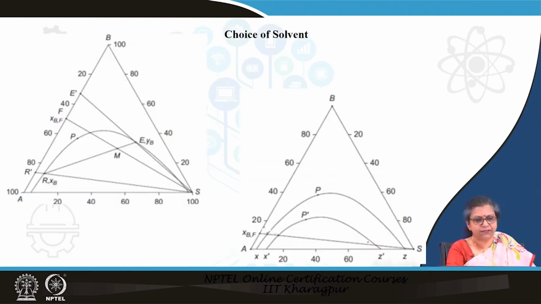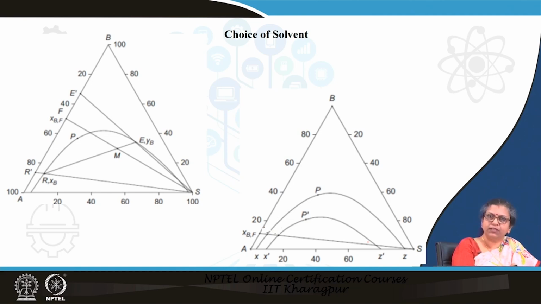Again, we refer to the ternary plot in order to guide us in the choice of solvents. There are two things I would like you to remember. When we select a solvent, it will depend first on the solvent having a greater selectivity for the solute that we are going to extract, and the second thing is the solvent can be recovered easily from the solute both in the extract as well as in the raffinate phase.